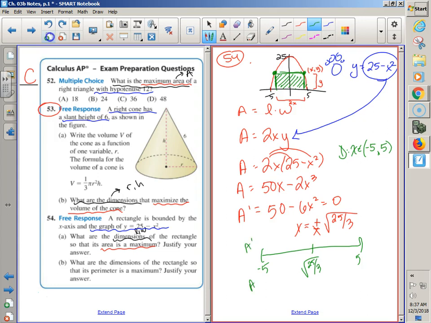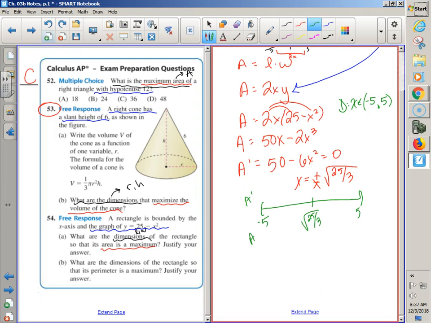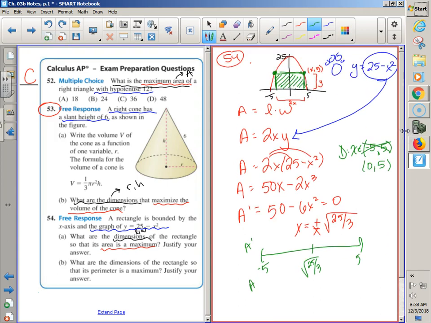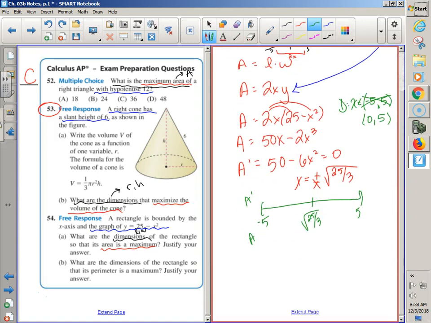We can do A. Actually, x can go between -5 and 5, but since we're only looking at the right-hand side, I guess we could just look 0 to 5, because if we have a point between 0 and 5, it defines the other point at the same time. So maybe we'll change this to 0 to be easier. Let me plug in like a 1. Yep, that's a positive.